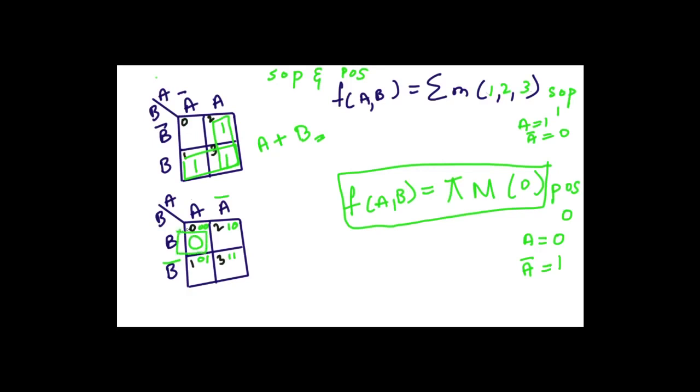When I group the single 0, the solution I write will just interchange. This was sum of products. Here you get product of sums. If you have any sum term, in this you will have product of sum.